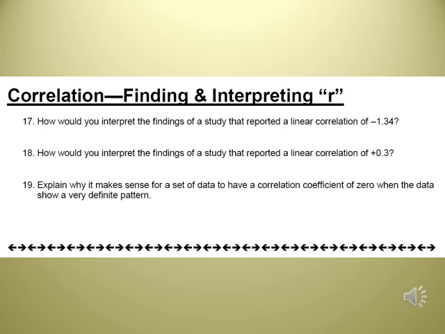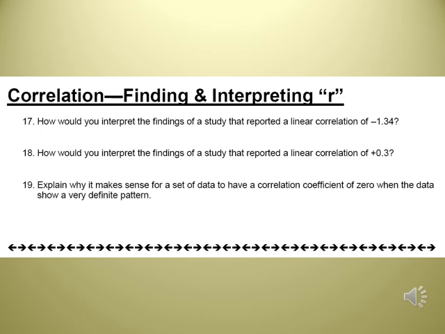And the last one there says, explain how you could have a correlation coefficient of 0 when the data shows a definite pattern. Well, this is one of those where you've got a pattern, but it's not a line. You might have something like that sine wave I used as an example earlier, or it could be like number 15, where we have what's called a parabola, where it both goes down and up in the same picture.